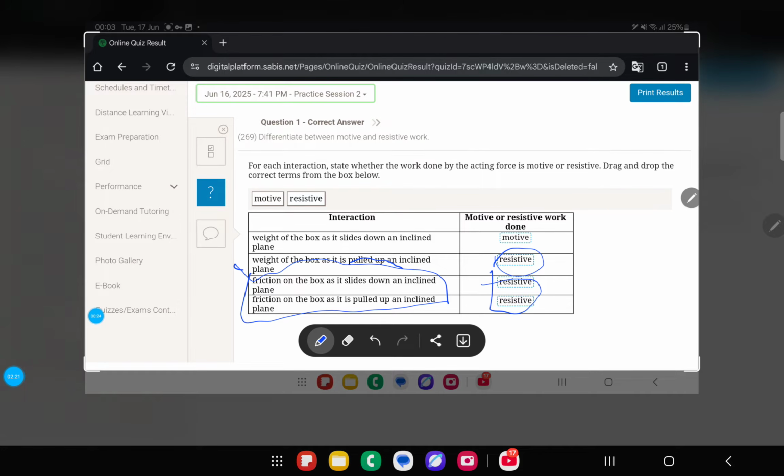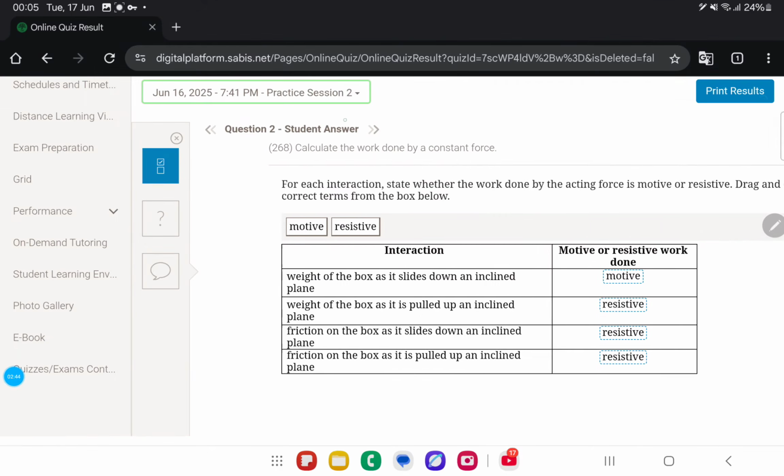Both of them, because there's friction, and friction opposes it. Whatever direction it goes, friction will always oppose. If it goes up, friction will go like this. If it goes down, friction will go like this. Okay? That's basically it.